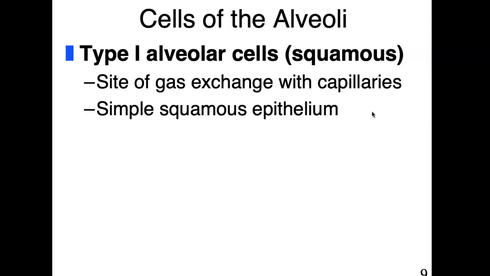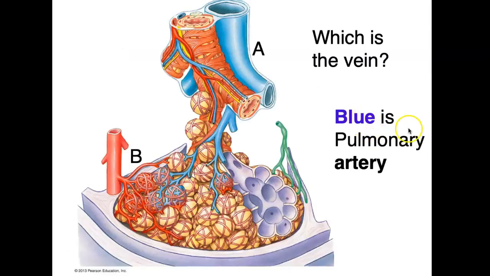And I want to go back a slide. Notice how each one of these alveoli, if I was to cut through it, is surrounded by these capillaries. So it's going to be able to, when it comes oxygenated, pick up a lot of oxygen and get rid of a lot of CO2. So these look a little red, a little blue, because they're in the middle of making that transfer.